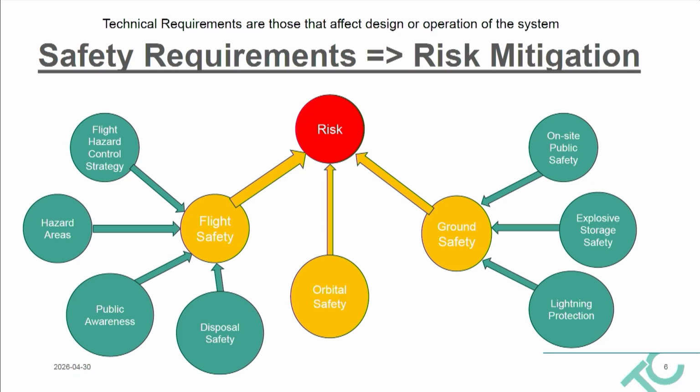There's ground safety, so things like on-site public safety or explosive storage, lightning protection systems. Then there's the orbital safety once you're in orbit, during the launch period, which is not when you're actually operating your satellite or anything like that, but just as part of the launch and disposal if you're doing it.